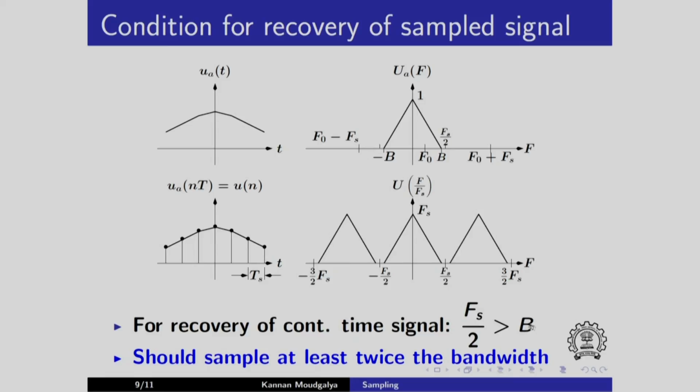B is the bandwidth, beyond B we have taken the analog signal not to have any component in the Fourier transform domain. So if you fix Fs by 2 outside B, then you can recover the analog waveform exactly from the sampled waveform.